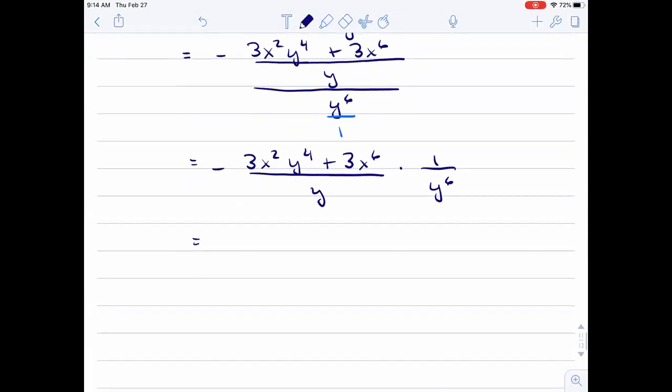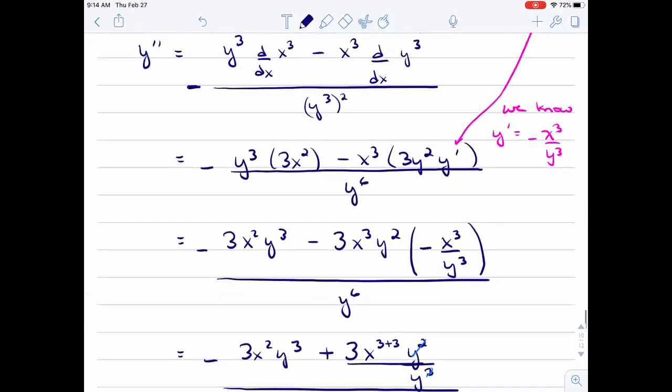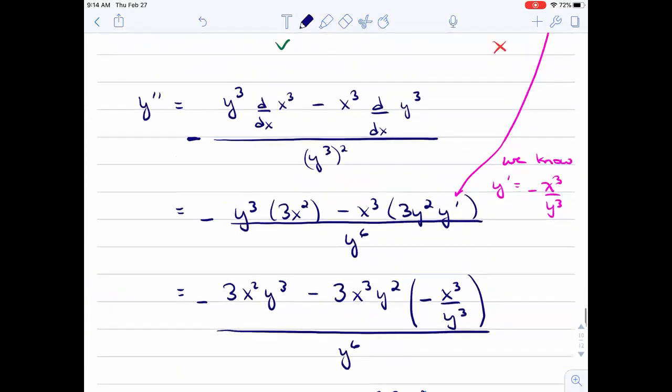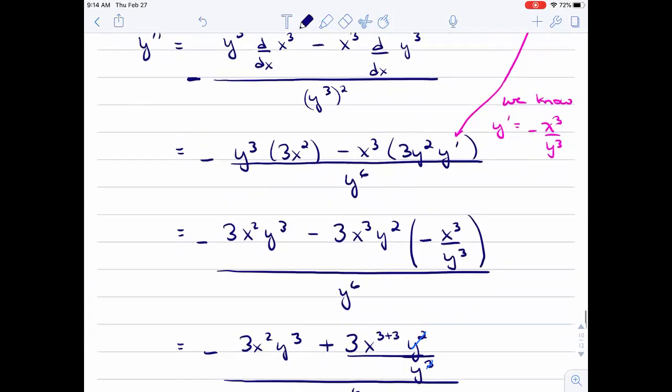And so I'm left with negative 3x squared y to the fourth plus 3x to the sixth over y to the seventh. Whew. But a lot of that was just simplifying, which we should be pretty good at by now. The trick was to substitute that y prime in.